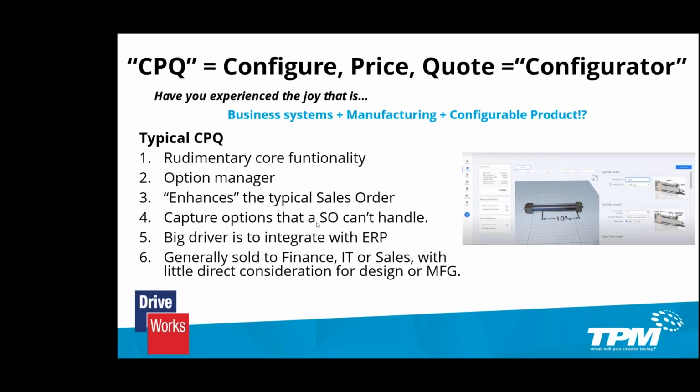Typically, an ERP or a system like QuickBooks or similar has the ability to enter an order and select an item, but at the end of the day, there isn't a whole lot of inbuilt functionality to truly capture a product if it is configurable.